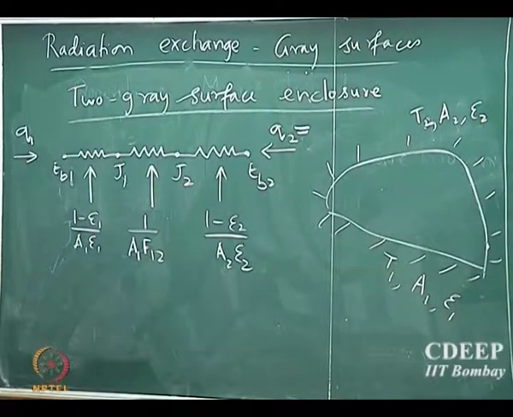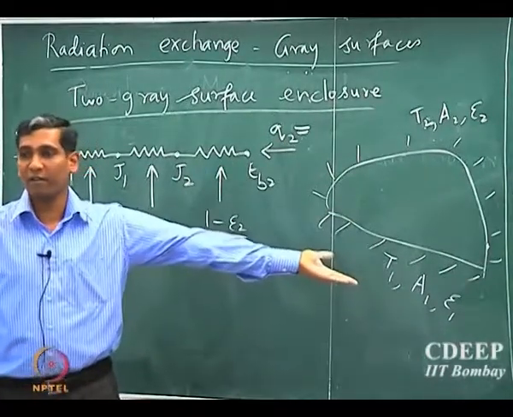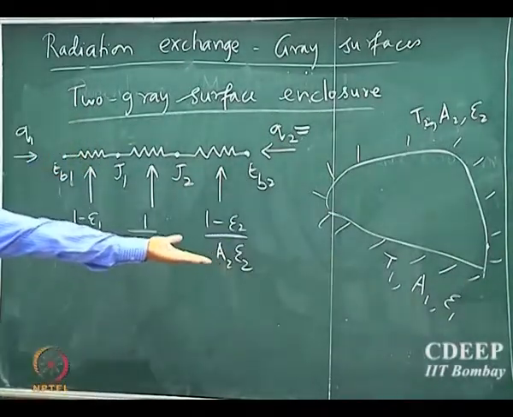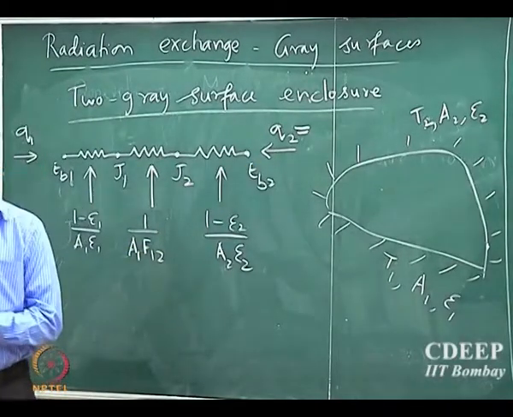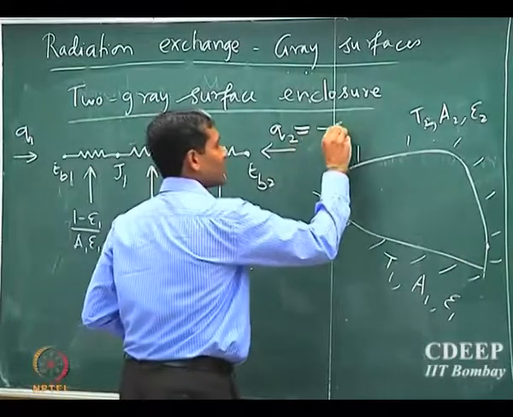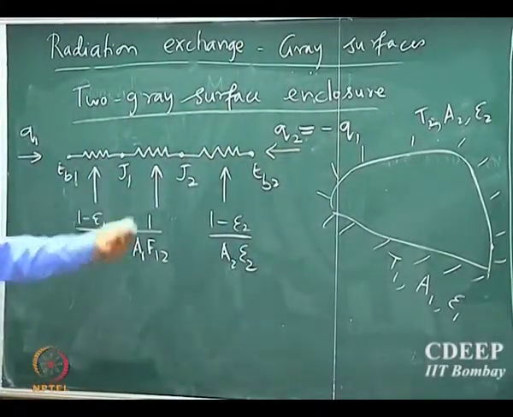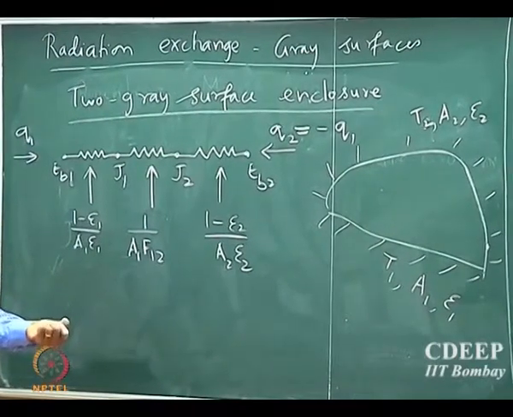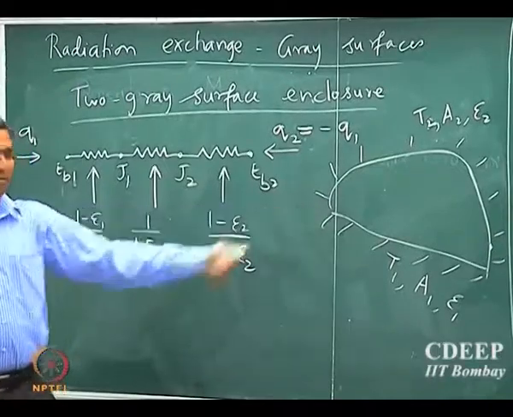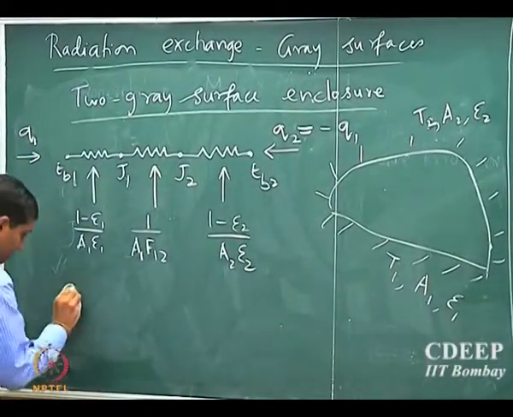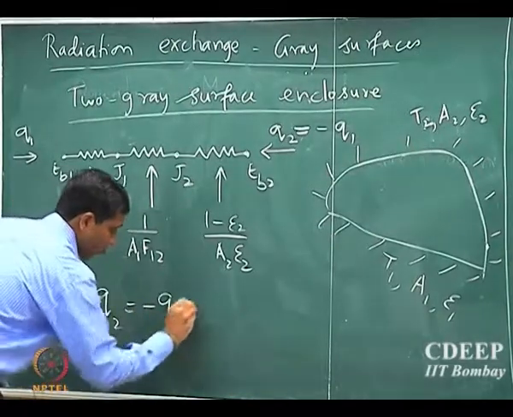Q1 is the amount of heat either released from 1 or it is supplied to surface 1 in order to maintain a constant temperature. So, what should be Q2 then? It will be minus Q1, right, because there are just two surfaces and both are maintained at constant temperature. So, from simple energy balance Q2 will be equal to minus Q1. Okay. So, from here Q equal to Q2 equal to minus Q1.